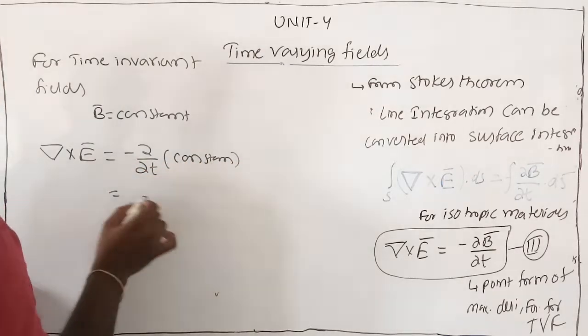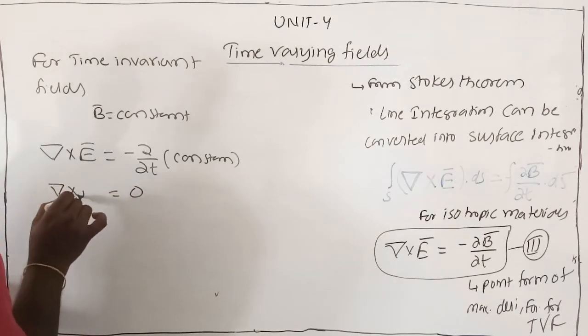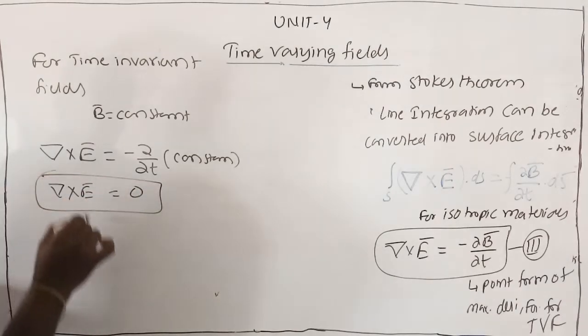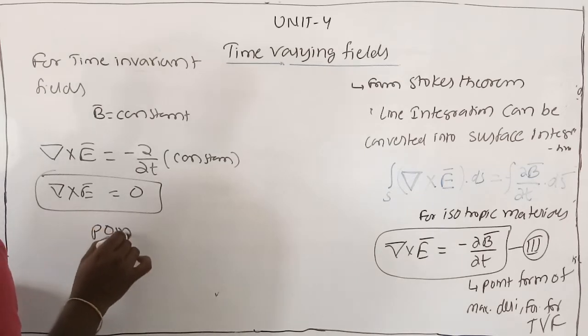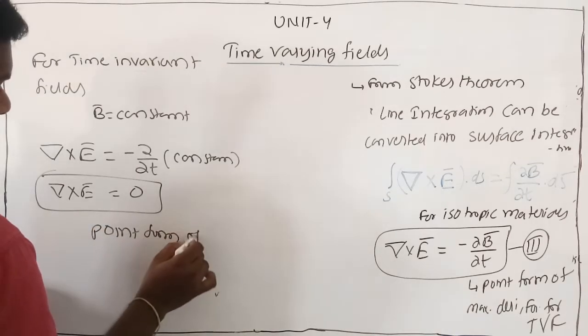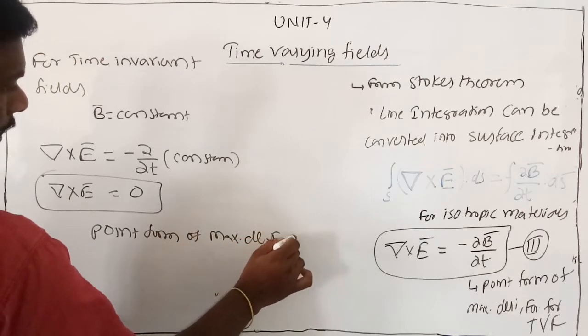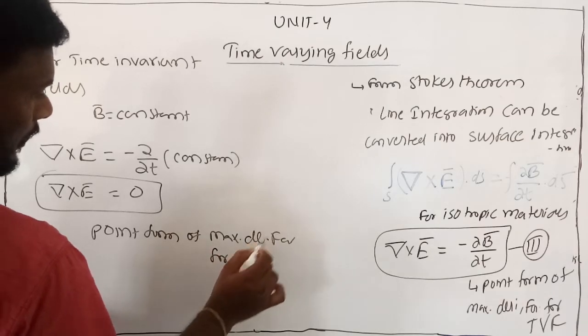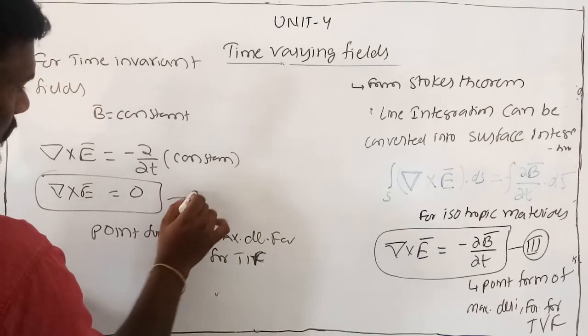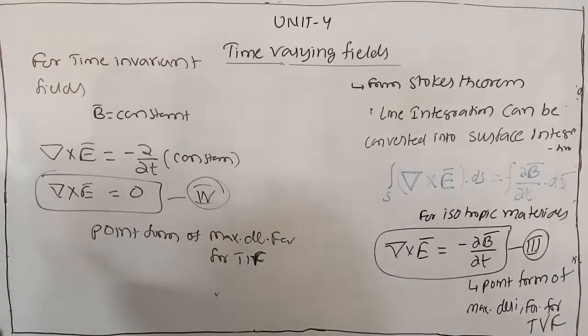As differentiation of a constant is 0, del cross E bar is also 0. So it is called the point form of Maxwell's equation derived from Faraday's law for time invariant fields, TIF. This is considered equation number 4. Up to now we have completed the Maxwell's equations derived from Faraday's law for both time varying and time invariant fields. This comes under the statically induced EMF.